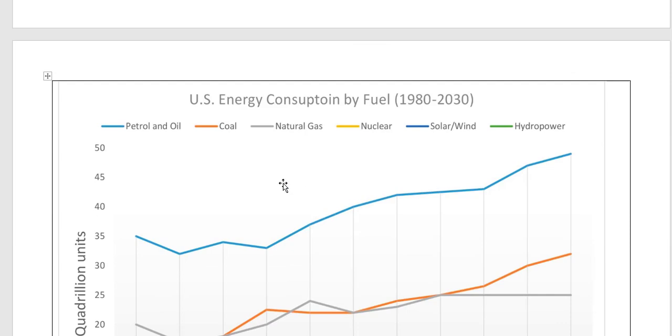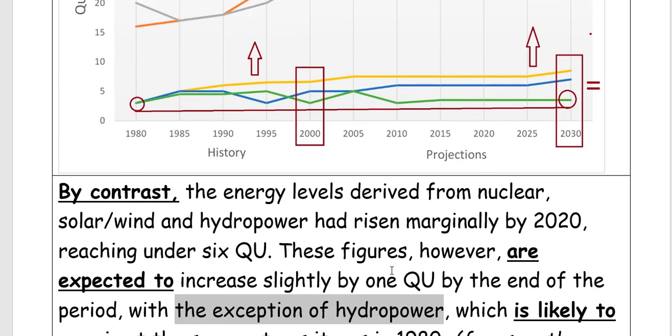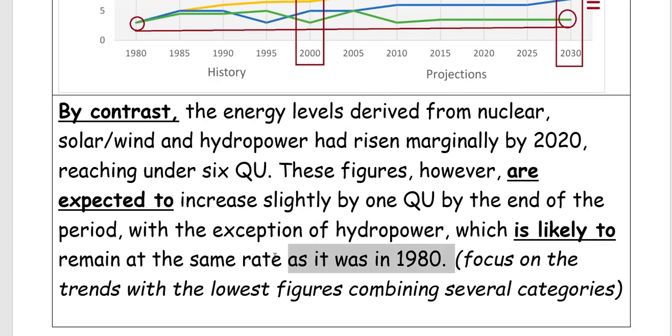Okay, so here we have hydropower, which has the color green, which is likely to remain at the same rate. Again, we're talking about our future prediction. Use the phrase is likely to, which basically means which will probably remain.